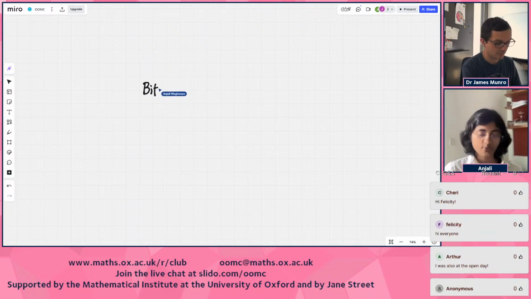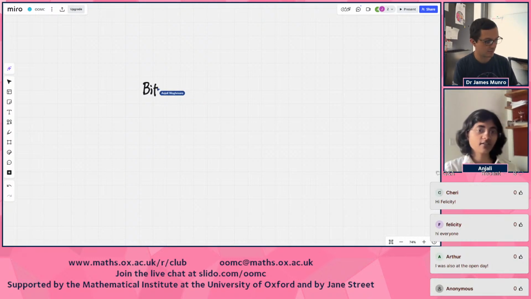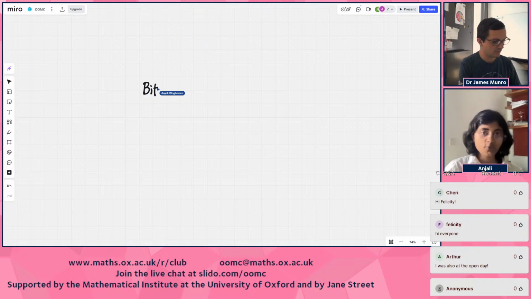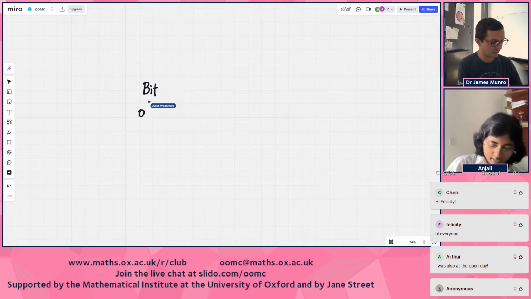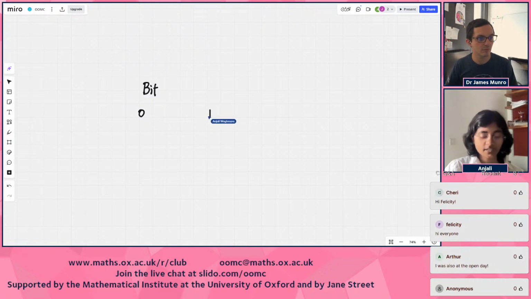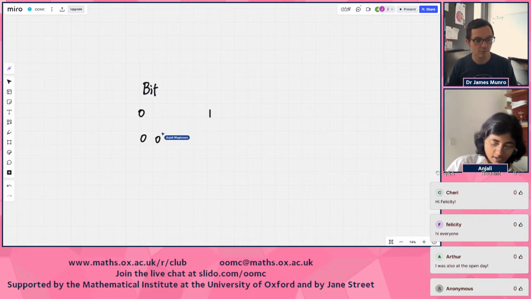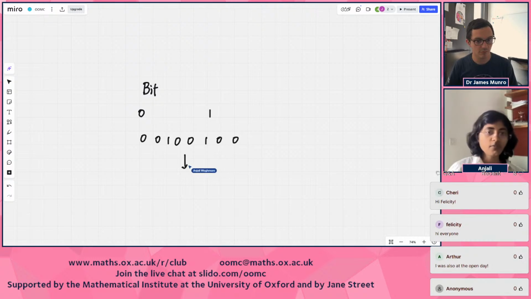So we know in classical computing, we have 2 bits, zeros and ones. And any kind of information that we want to represent is a string of zeros and ones, right? So we have something like this, and this could possibly represent a number, an image, or anything that we see physically.